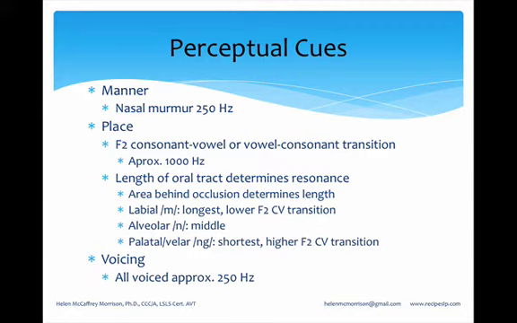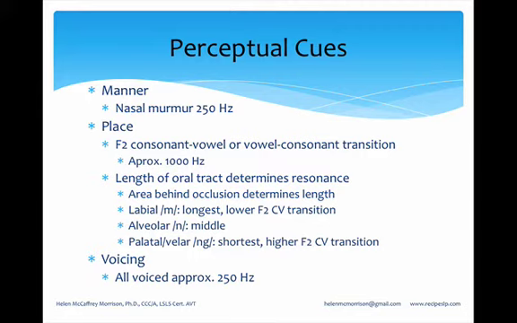I want to put this information here because if you can understand tube length, the longer the tube, the lower the frequency of the resonance, the shorter the tube, the higher the frequency of the resonance. If you can remember that principle, you can do some problem solving and thinking about what's acoustically accessible to a listener.